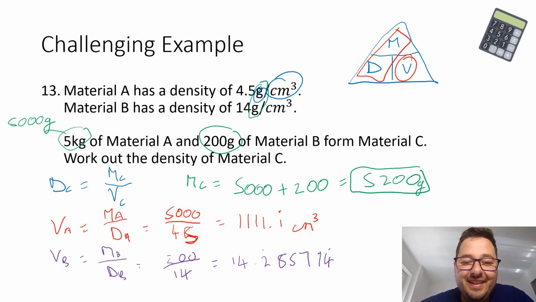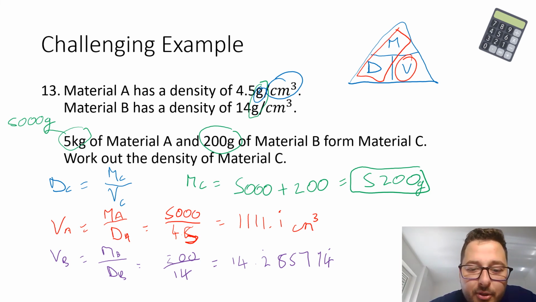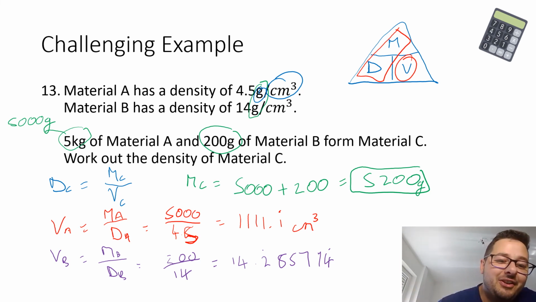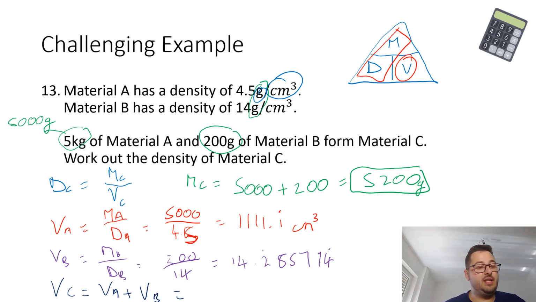Okay. So the volume then of C is going to be these two added up. So the volume of C is volume A plus volume B. And I'll just do that straight in the calculator. So plus 1111 point, like that.